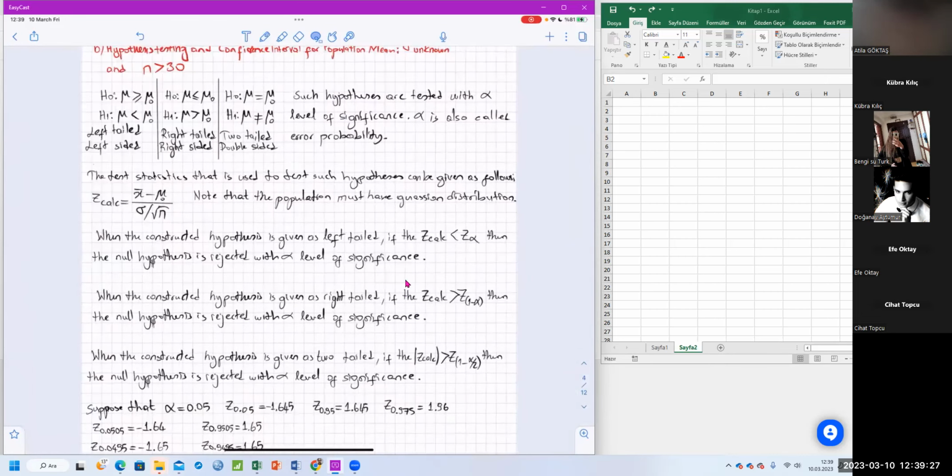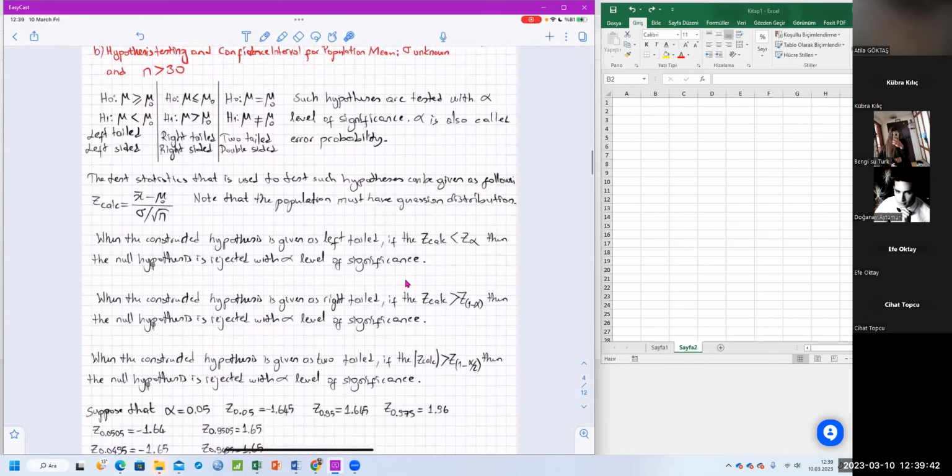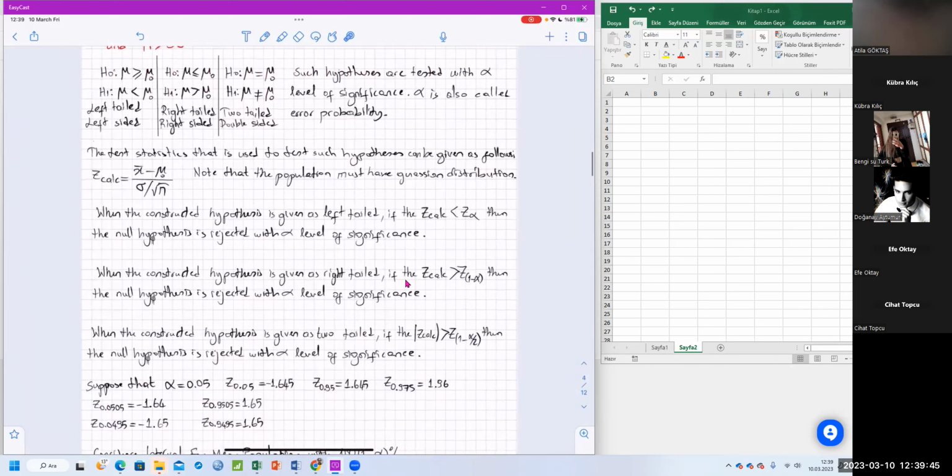Okay, we also build the same three hypotheses: left-tailed, left-sided, right-tailed, right-sided, or double-sided, two-tailed. The hypotheses are the same. The only difference is we change the test statistic. You calculate the statistic the same way.